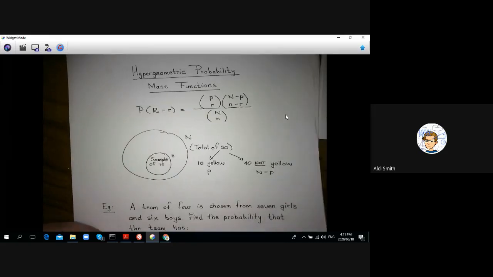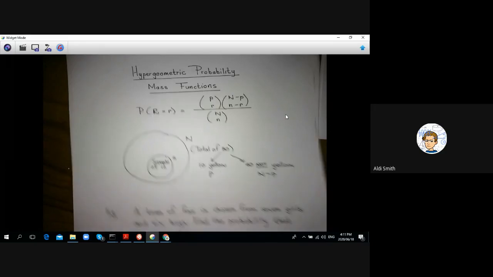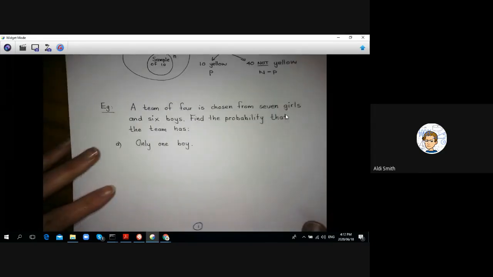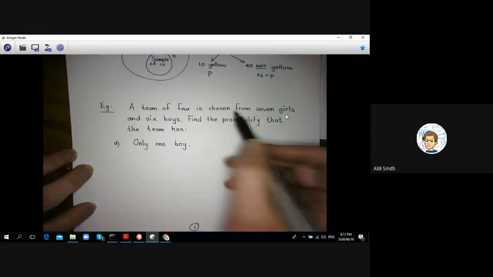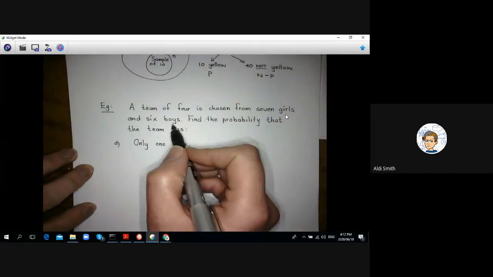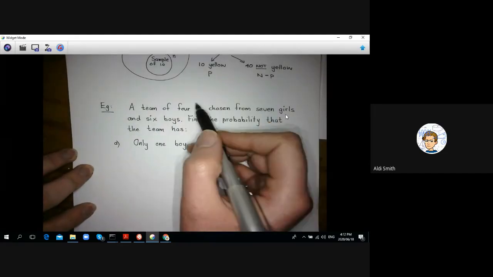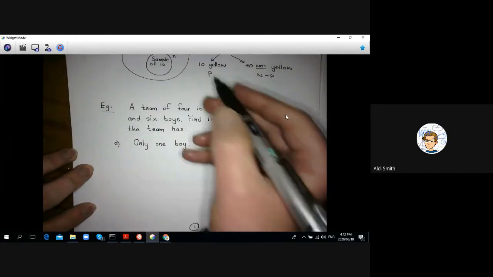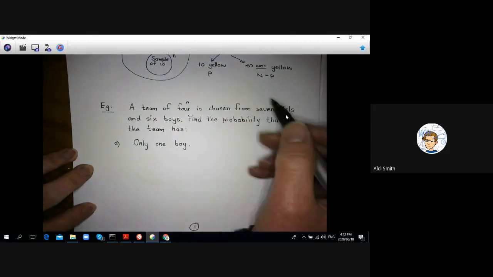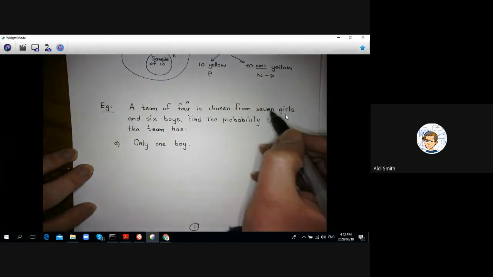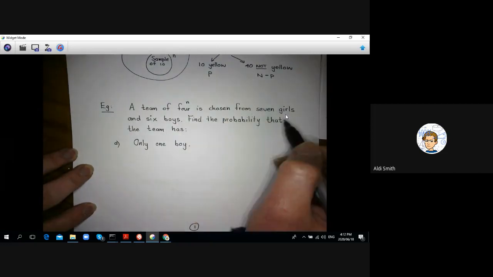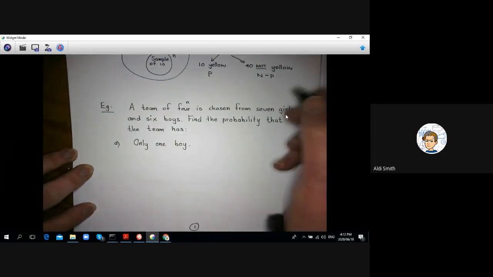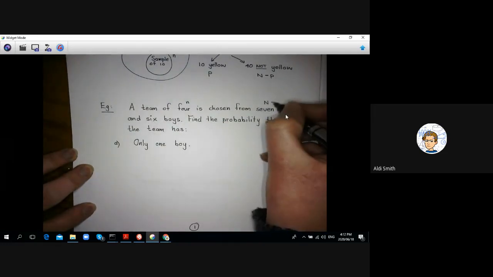So let's look at this example from the grade 11 textbook. It says, a team of 4 is chosen from 7 girls and 6 boys. So I'm choosing 4, which is that small letter N, from 7 girls and 6 boys. So that's 7 plus 6 is my total population.